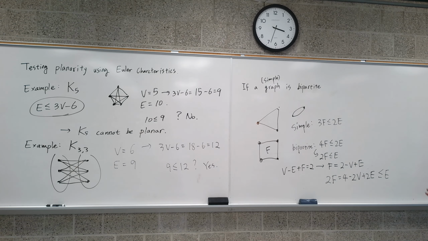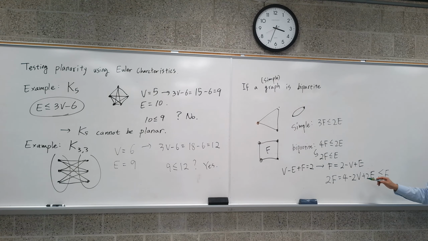And in both cases, the goal is to write an inequality that doesn't have f. Because unless you have an explicit embedding, you don't know what the f is. And by having an inequality, you can use it without having an f, so that you can see if such an embedding is possible or not. Okay.